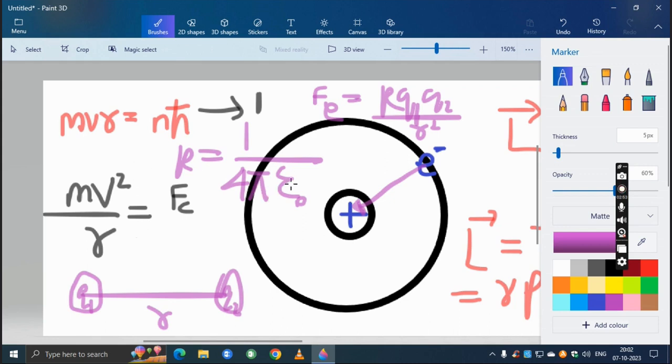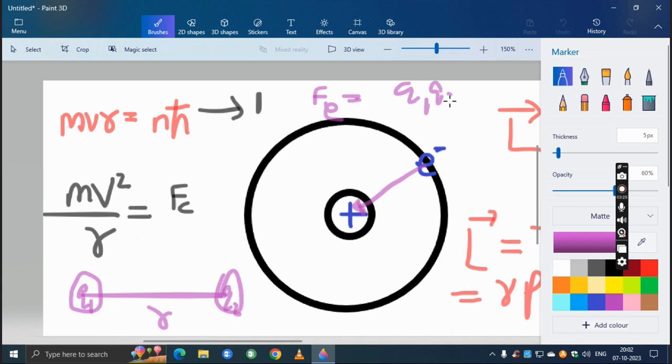So k depends on the medium. If the medium is water, the value of k is going to change, so the value of Fe is going to change. When the medium is free space or air, epsilon becomes epsilon naught. I don't really remember the value of epsilon naught, and it's not needed right now. So k equals 1 over 4 pi epsilon naught, and Fe can be written as q1 q2 by 4 pi epsilon naught r square.